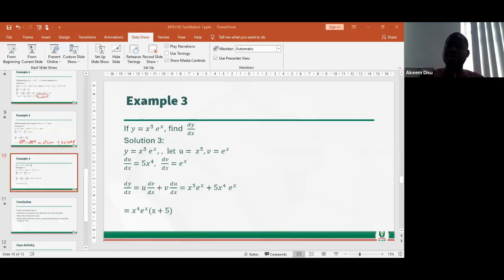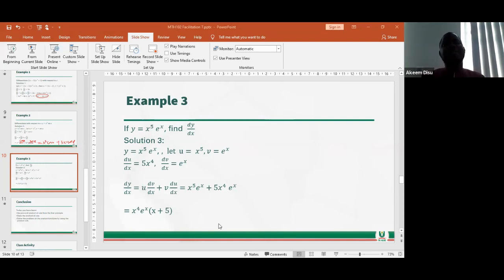Okay. Let's continue. Let's consider the third example. Look at this example. We have y is equal to x raised to power 5 exponential x. The question says find dy/dx.